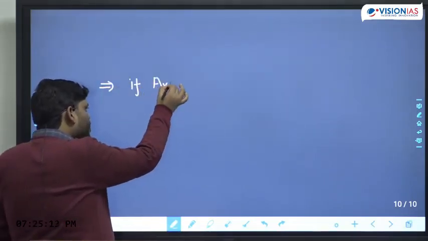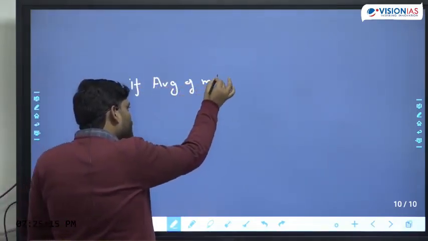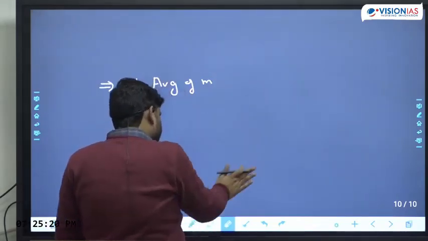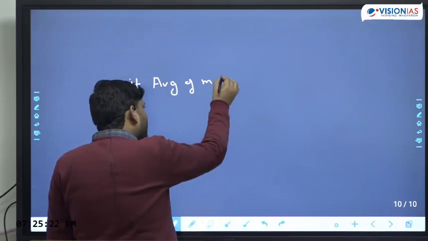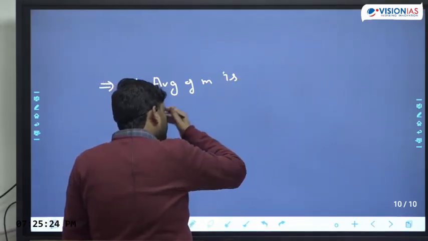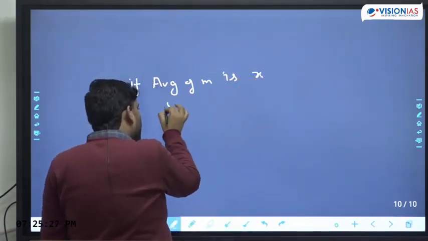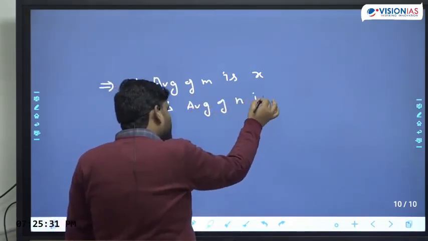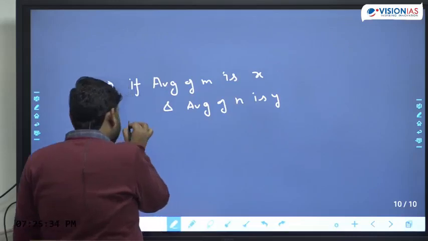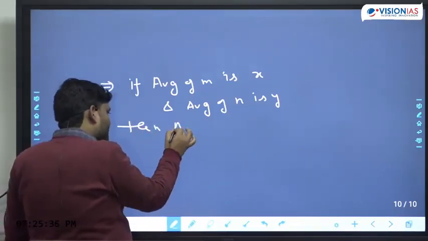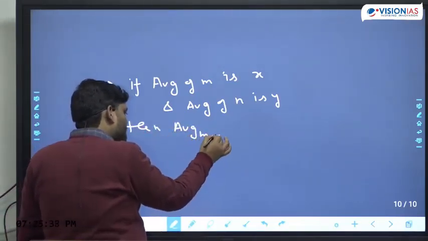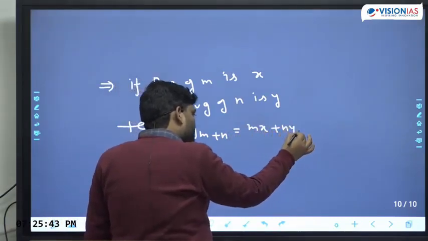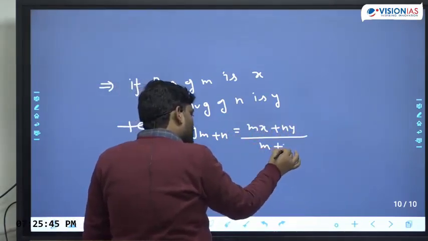Now some more concept of average. If the average of m persons is x and the average of n is y, then the average of m plus n will be mx plus ny divided by m plus n.